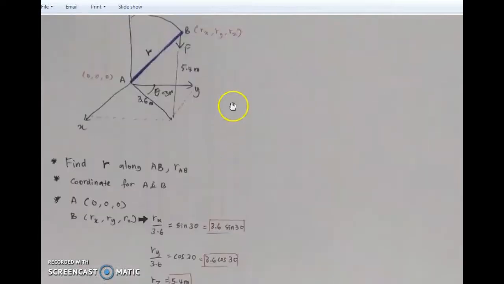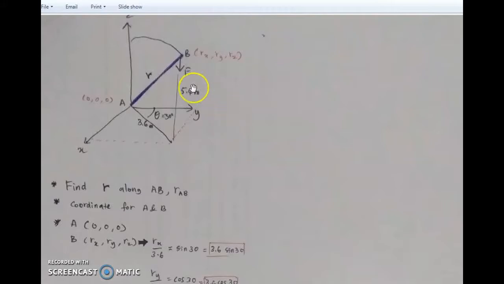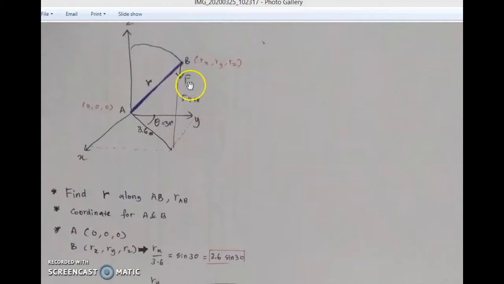The vector form for F, the magnitude is 100. So this force is simply directly a load, so there is no cable or truss, so you don't need to find the unit vector to change the F into the Cartesian vector.